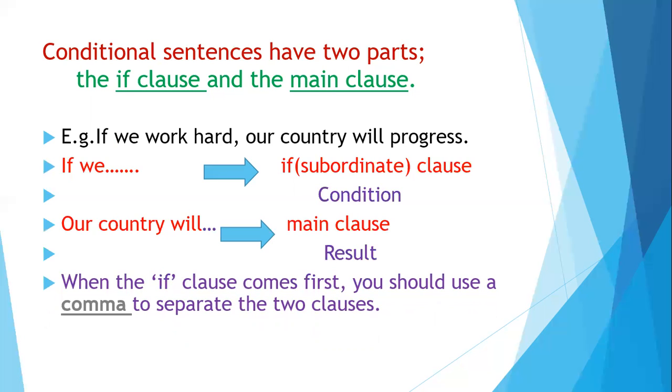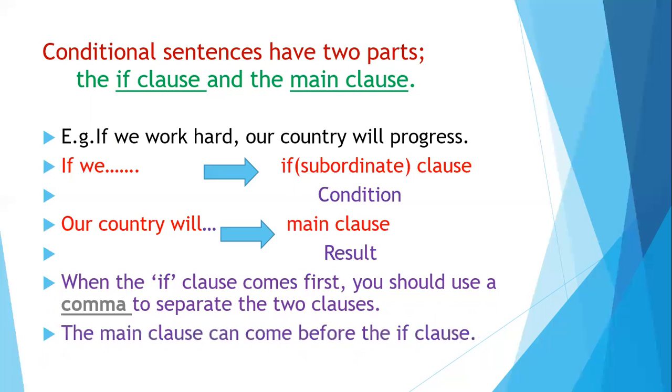When the if clause comes first, you have to use a comma to separate the two clauses. That's very important. You remember that. Even in a conditional sentence, you can write the main clause before the if clause as well.